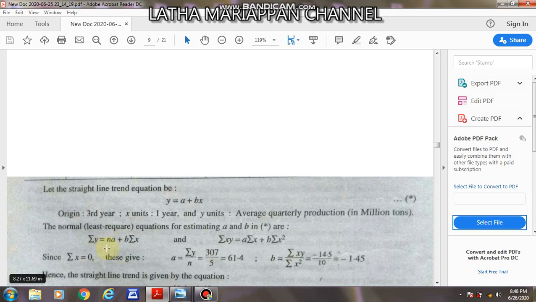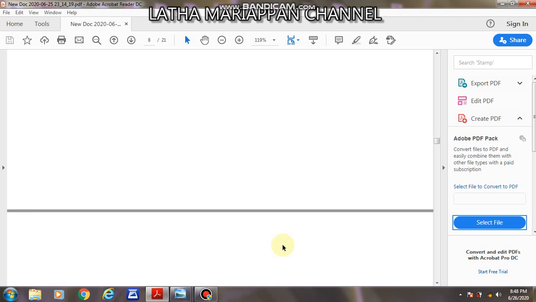So n is equal to 5. So we want summation of y, summation of x, summation of xy, and summation of x squared. These values you have to put in table format. We'll move on to the table.